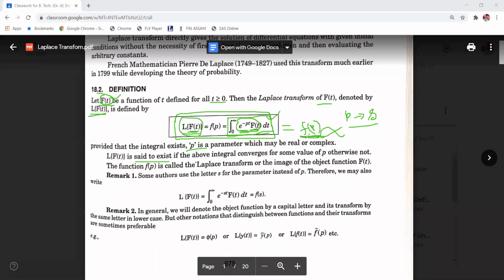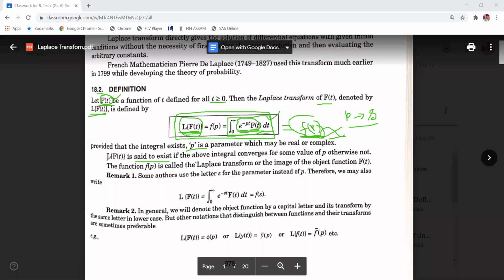In that case, if you are getting the value of f of p as infinity, it means after integration of this part and after putting the limit, you are getting infinity, so obviously this integral does not exist, and so in that case the Laplace transform of f of t does not exist.